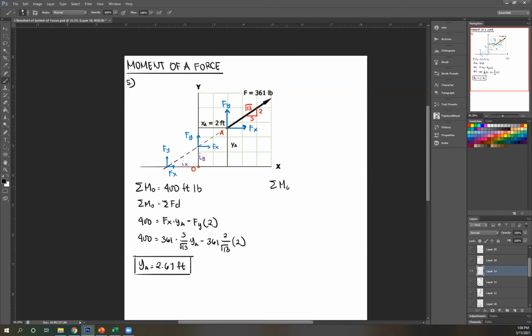Summation of moment about O is now just equal to Fx times Iy, because Fy passes through O. So summation of moment about O is given, again, that's 400. Fx is just 361 times 3 over square root of 13 times Iy. So solving for Iy, that is just 1.33 feet.